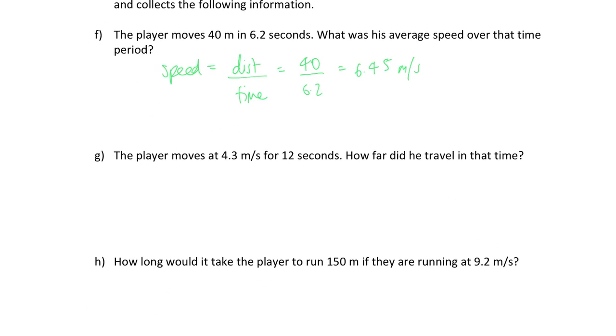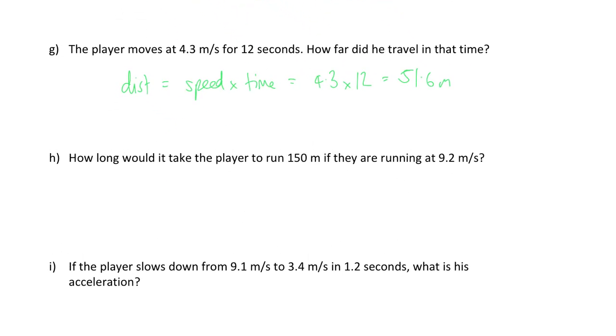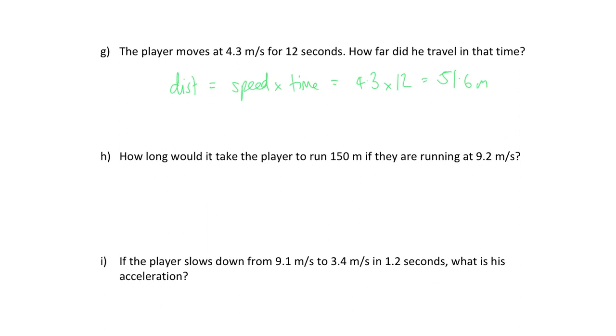Player moves at 4.3 meters per second for 12 seconds. How far did he travel? So distance is equal to speed times time, which is equal to 4.3 times 12, so that's 51.6 meters. Okay, how long will it take the player to run 150 meters if running at 9.2 meters per second?